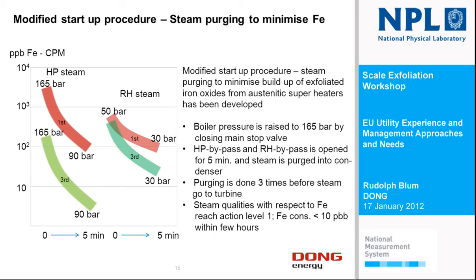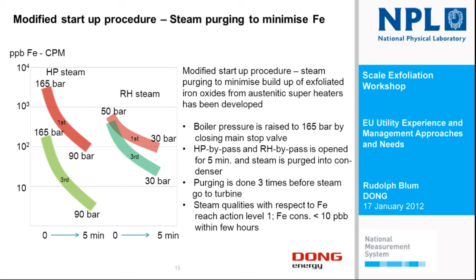This curve here normally consists of 3 measurements. You see definitely that at the first purging, you are up in the region of several milligrams of iron, and then you come down to something like 100 micrograms.